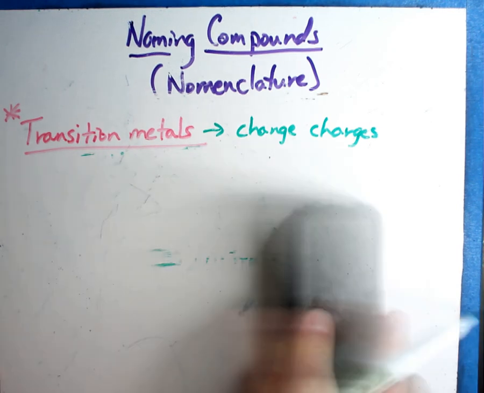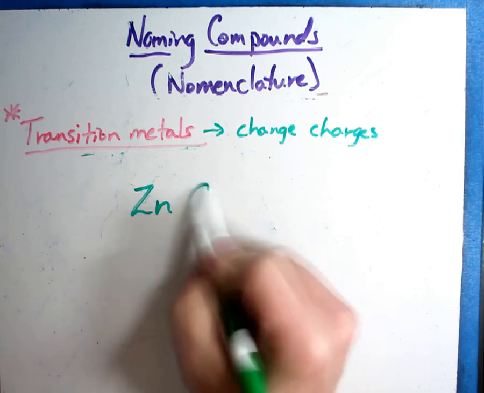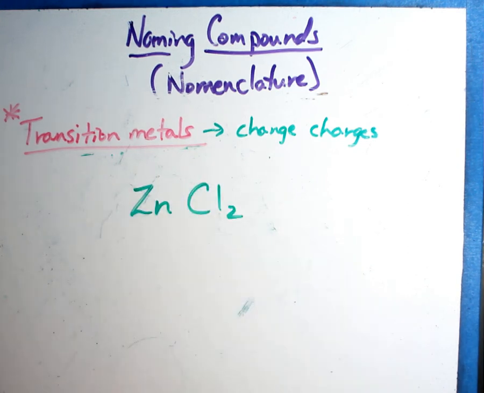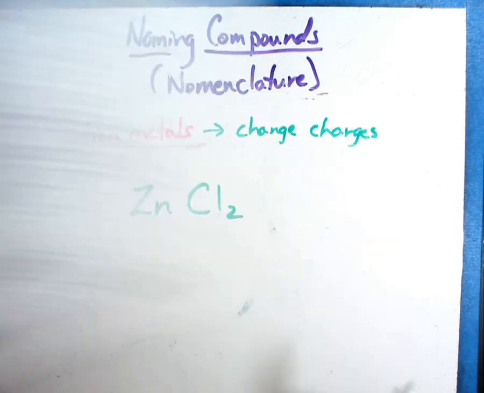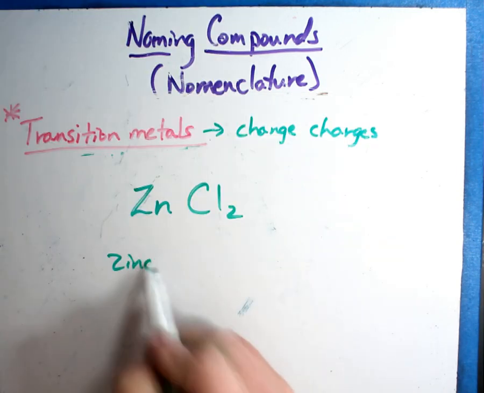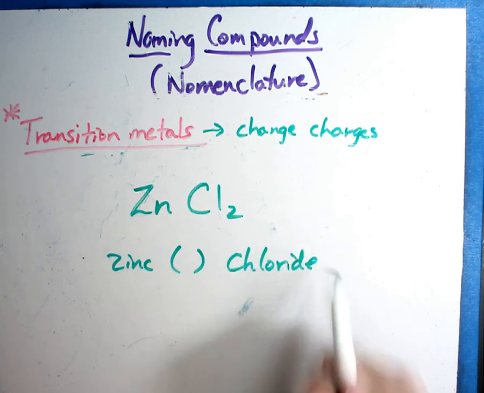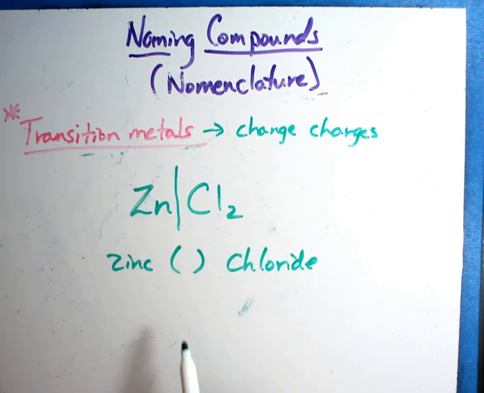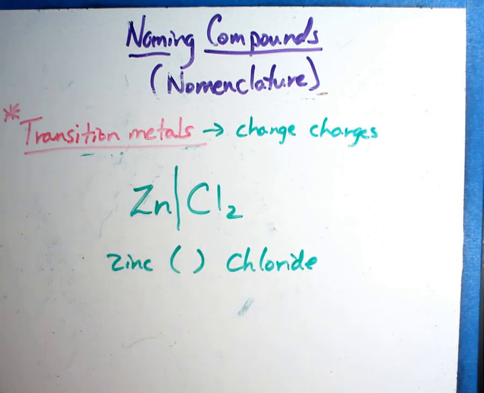Let's try another one real quick. What if I had one like this? ZnCl2. So I'm going to have to train myself to start looking. Zn's right there. Transition metal. Okay, so I know it's zinc. Have to have that in the name. Chloride. How do I get the Roman numeral? Cut it in half. Chlorine is, let's see, what charge?